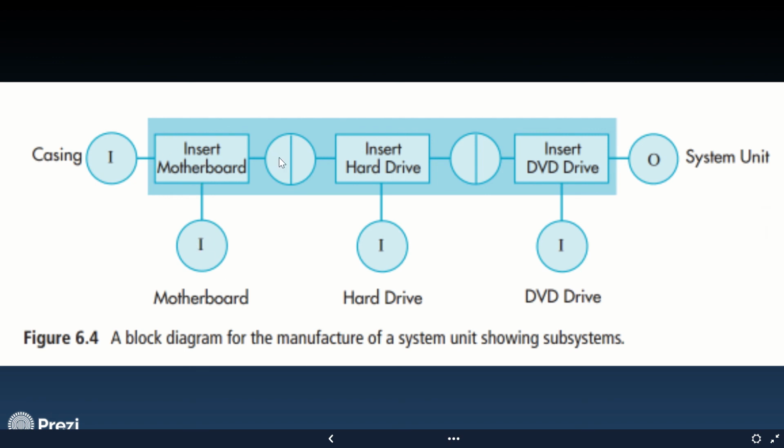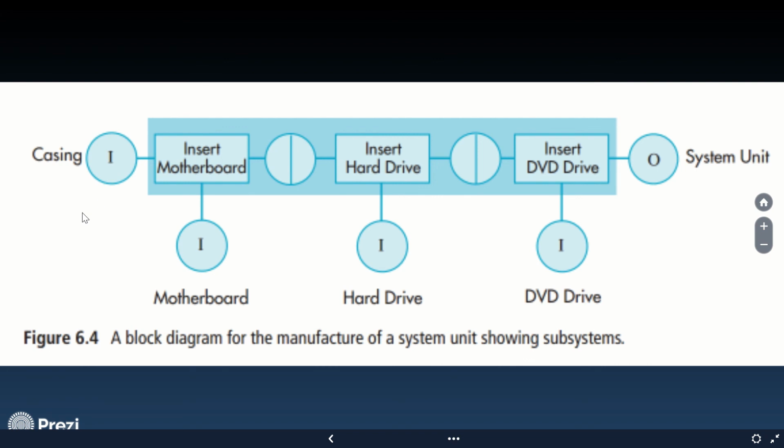That's the system, then the input becomes the output, and the next part is get the hard drive and insert the hard drive. That's the process in a square. Then we move on, and we've got those two already assembled, the motherboard and the hard drive, and it goes along this assembly line and says insert DVD drive, and you get the DVD drive and insert it, and then the output is the system unit.